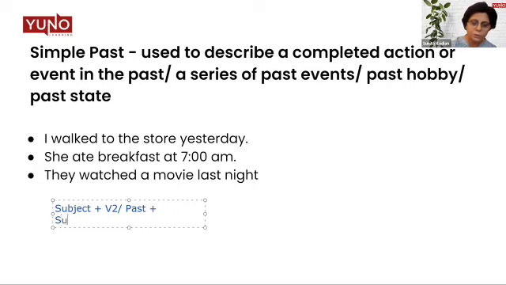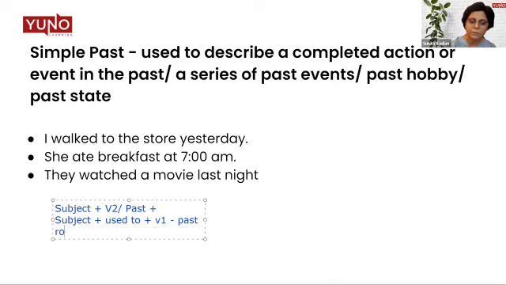You can also use subject plus used to, as one of you gave that example, plus V1. When do we use this? This is used only for past routine, or it can also be for a past fact. We do not use it for past events, past actions.